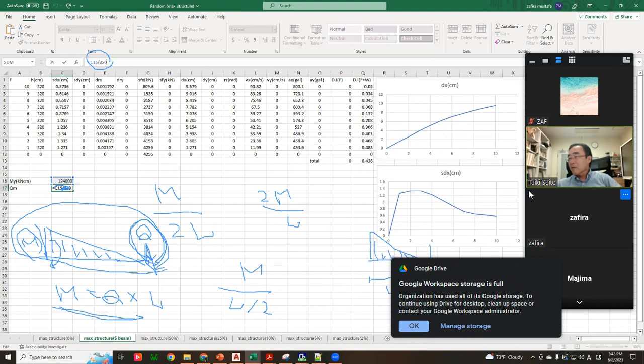This is shear force Q, and this is M. Yes. So you can get Q equal M divided by half of L. It's a basic of structure mechanics.